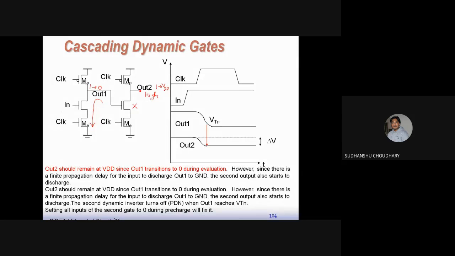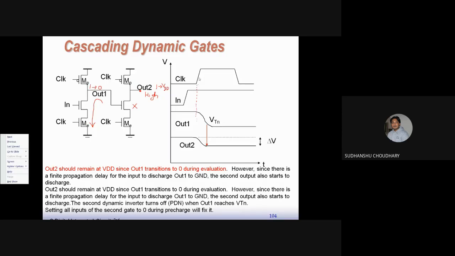That can also be seen over here. For example, my input is this, and the clock makes a transition from low to high. So clock is making a transition here at this point from low to high. So at this point, this NMOS is on, so my pull down network is activated. Input is already high here.